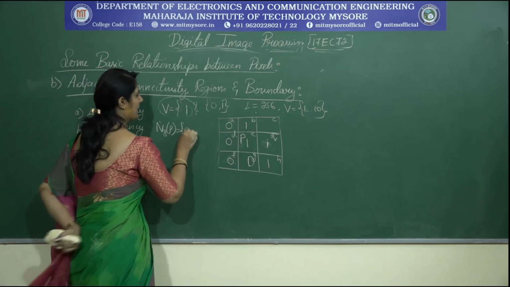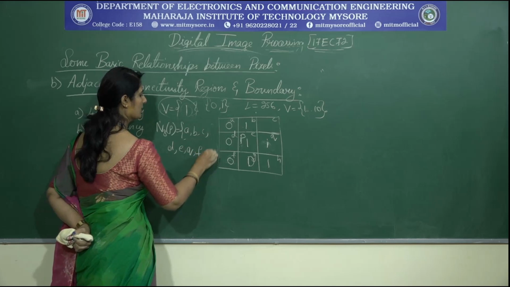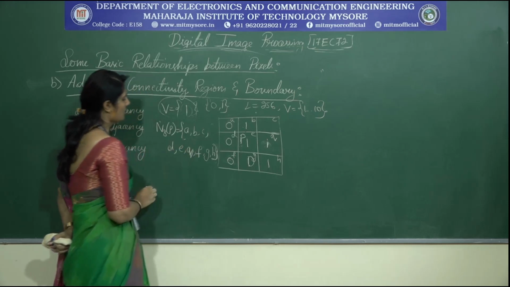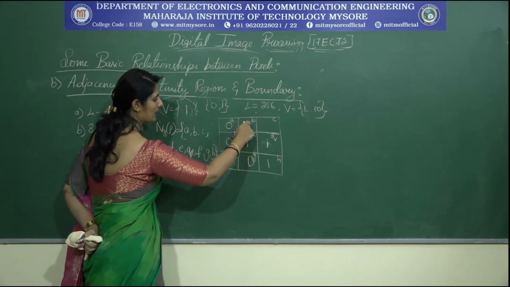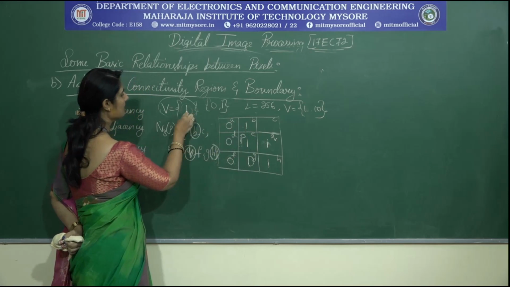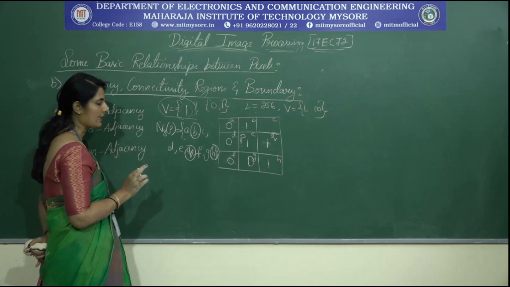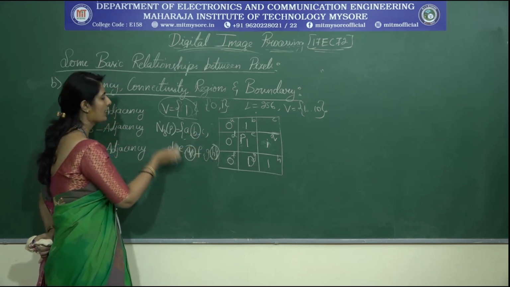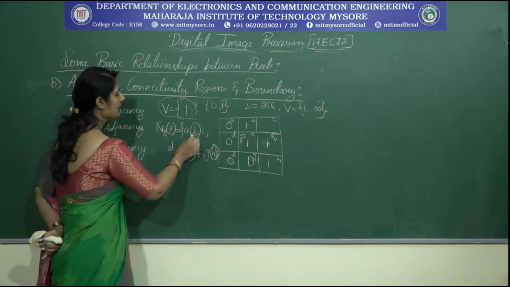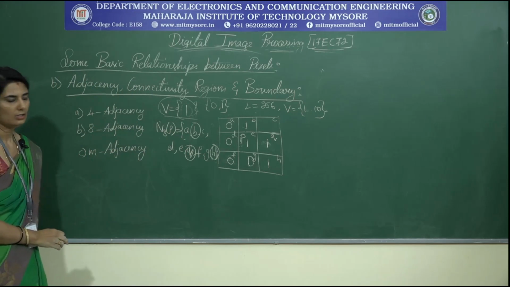Can you say A, B, C, D, E, Q, F, G, H. So, these are the 8 neighbors of P. So, now here Q, B and H are having the same value as that of P, and which is as in the subset V. Therefore, I can say that B, Q and H are 8 adjacent to P, okay.